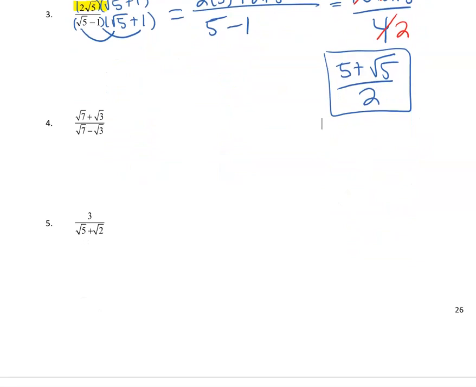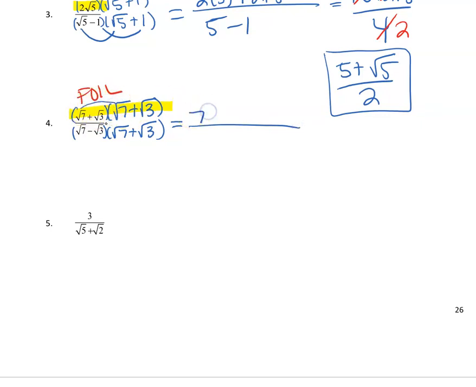Okay, just a couple more examples here. Now, it's really important to note, guys, in the numerator, these are not conjugates, so you have to completely FOIL those out. So this is radical 7 and radical 7, which is 7. And then I get a radical 21 plus a radical 21 again from my outsides, and then my last gives me a 3.